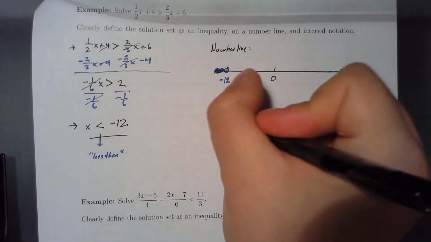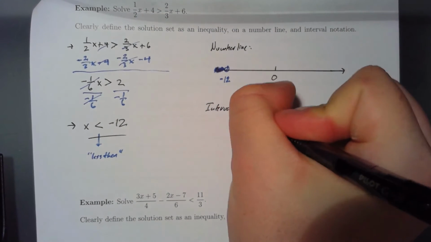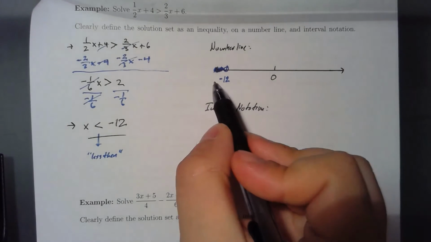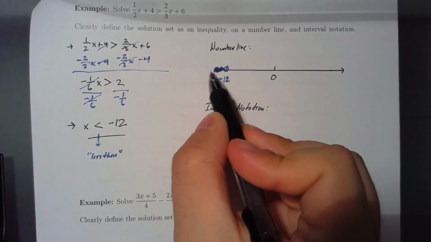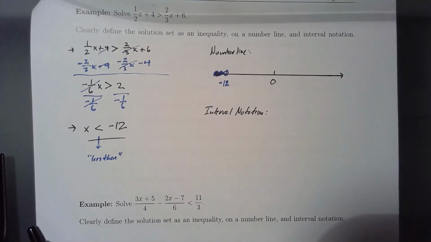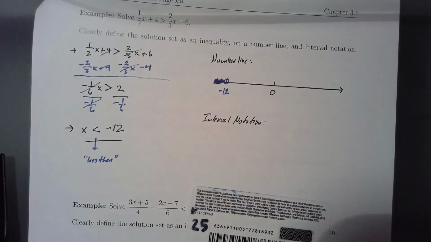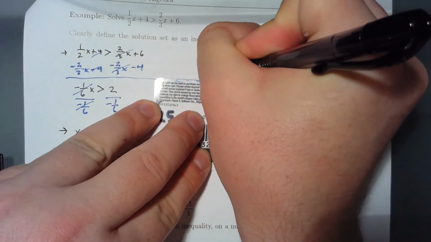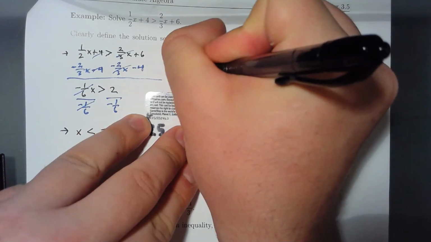So in interval notation, again, I want to represent this shaded region as an interval. I guess I could have extended my number line a little longer just to illustrate that. Let me do that. Yeah, there we go.